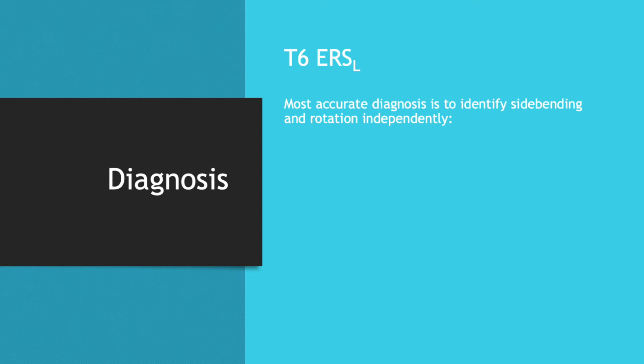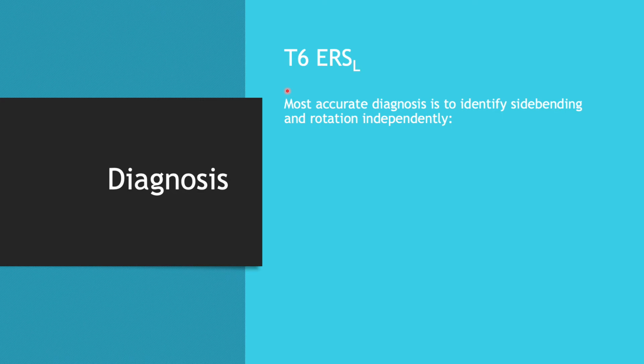So in my opinion, using Fryette's principles to say, hey, if it's in neutral, side bending and rotation are going to be opposite, and just determining whether the patient is rotated right or left is inaccurate. Just as inaccurate as it is to go along with Fryette's second principle and say, hey, if rotation is determined in flexion to be rotated left, then it must be side bent left.